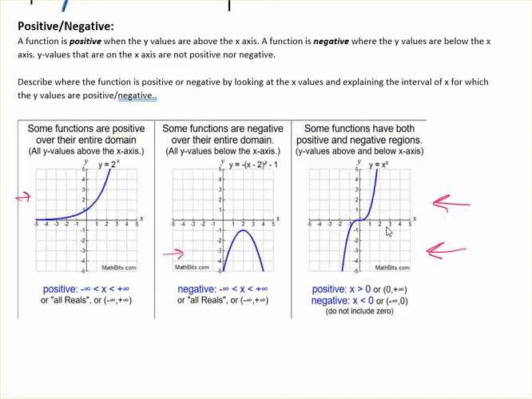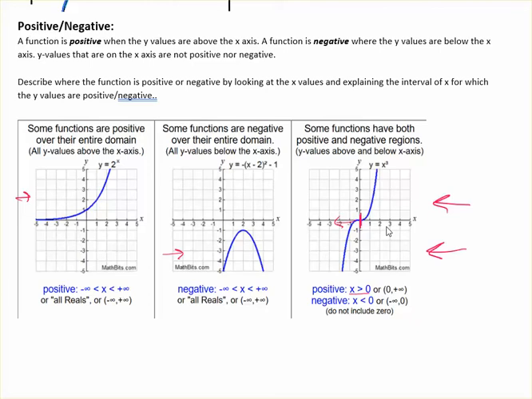We have some negative values and we have some positive values of y. So we would say that this one is positive when x is greater than 0, because for all the values from here for x and up, the graph is above the x-axis. And for all the values of x less than 0, the graph is below, so that's negative.